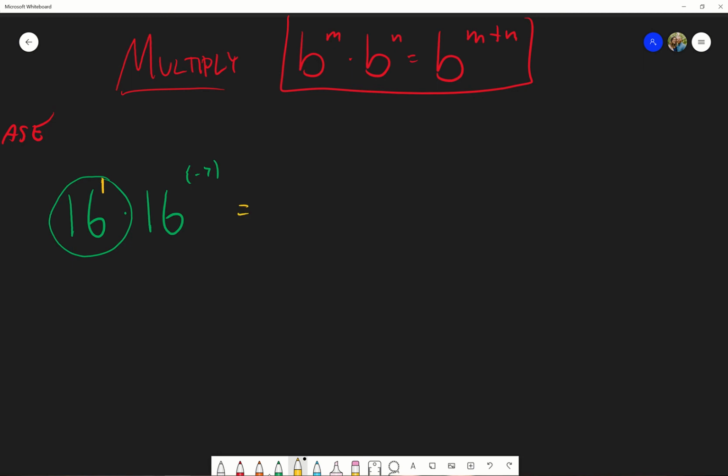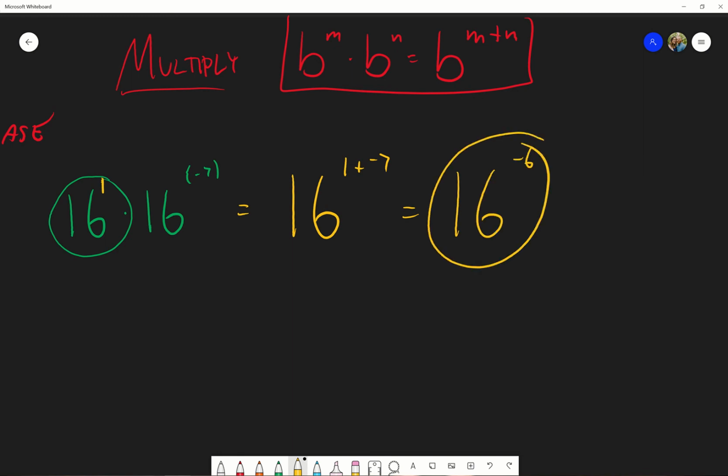So we know our base is 16, and our math problem is going to be 1 plus negative 7. 1 plus negative 7, we all know, is negative 6. Yes, you're all right. So our answer would be 16 to the power of negative 6. That's how multiplying works: when multiplying with the same base, you add up your exponents.